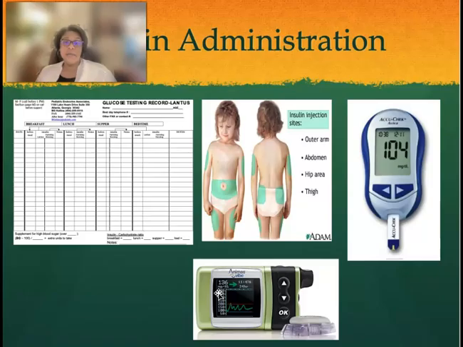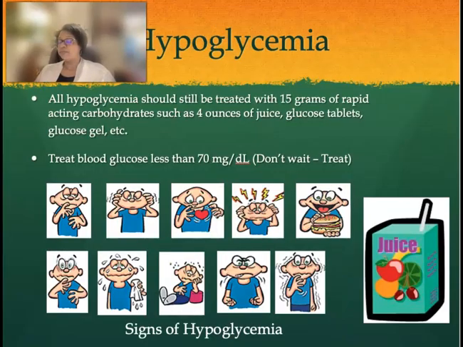Can you please check on him and make sure that he takes a glucose tablet? Or if he's just about to eat, that's great. But they notify parents when their child is at risk for passing out and being hypoglycemic, which is what we're going to talk about next.